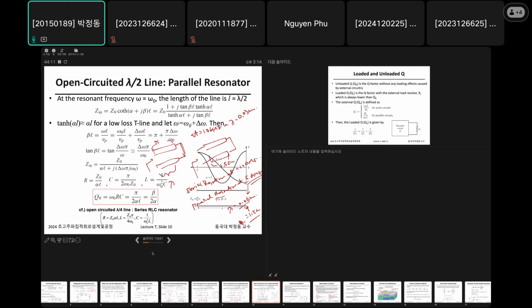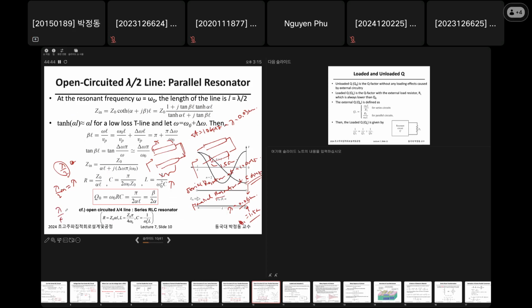For any short circuit, lambda over 2 short circuit line, this is a series network. If you set the length equal to this, you will get a series network. If you have a lambda over 4, right?